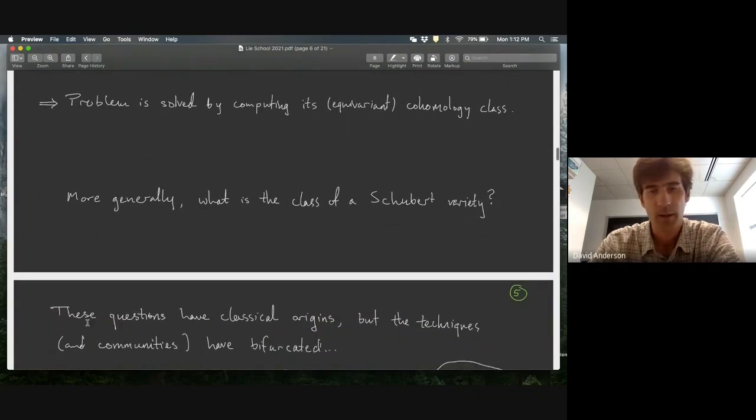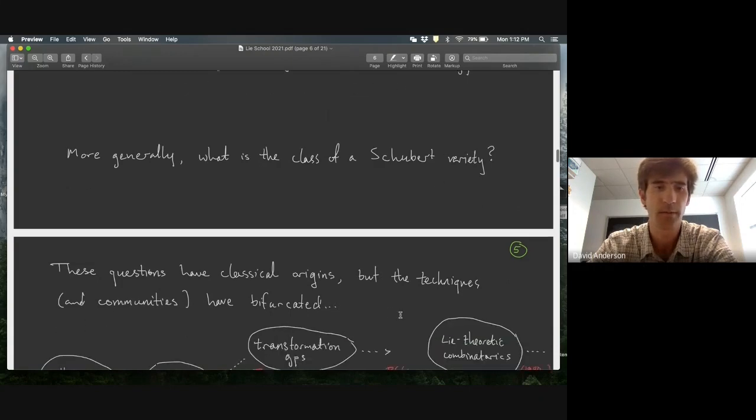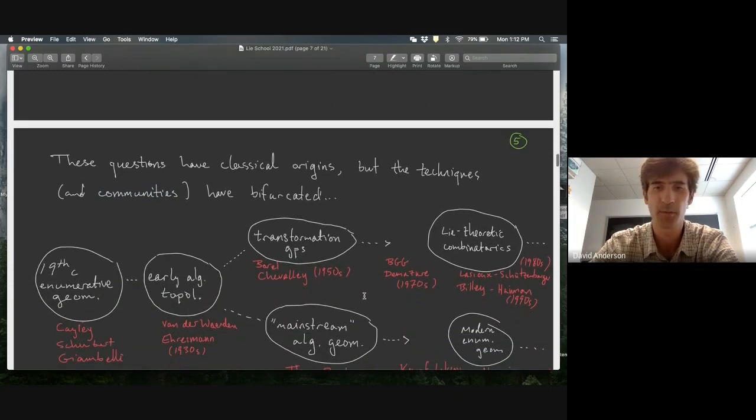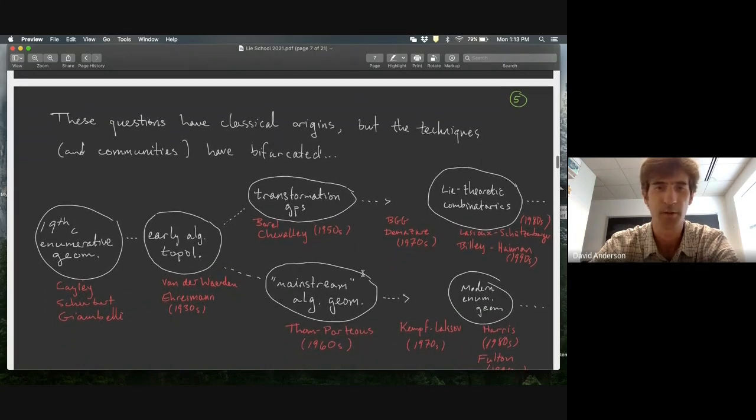As I've tried to describe, these questions go back to 19th century enumerative geometry, and some of them go back even farther. Newton would have recognized some of these types of problems. But since their origins, the techniques used and the communities who study them have bifurcated. I'm just going to sketch out two forks, but there are many other applications here.